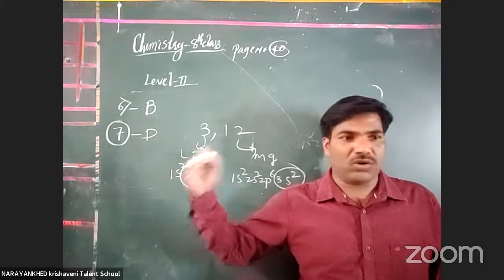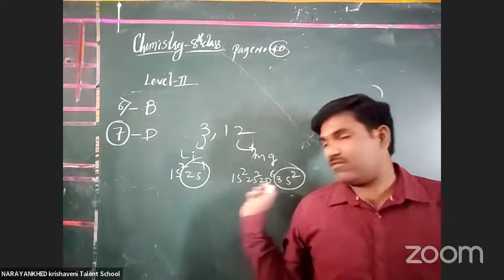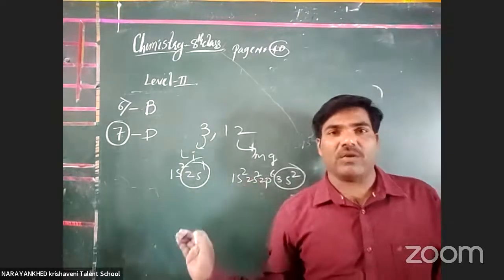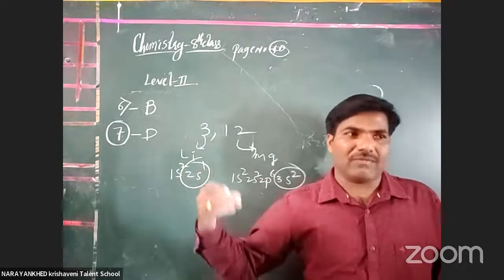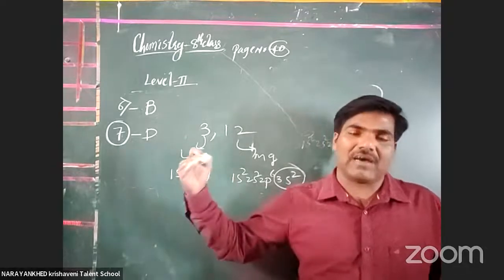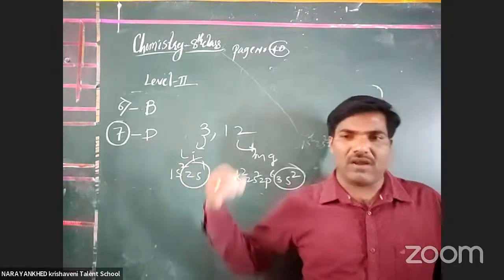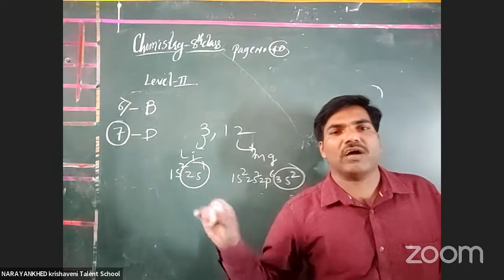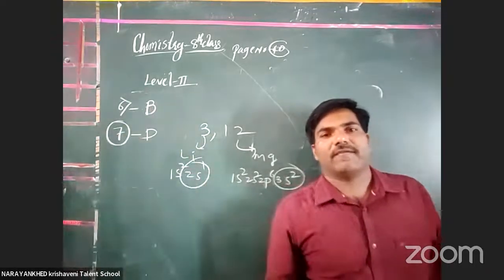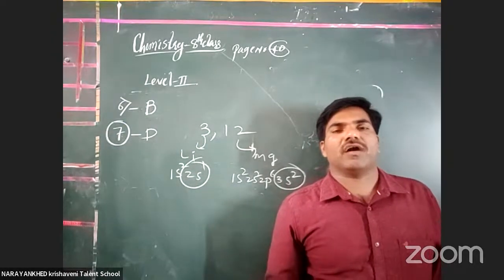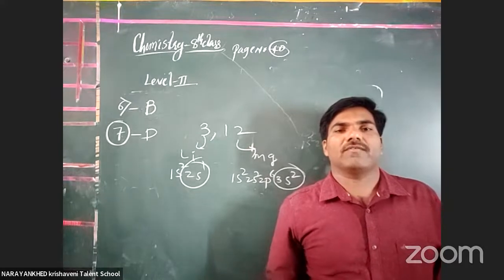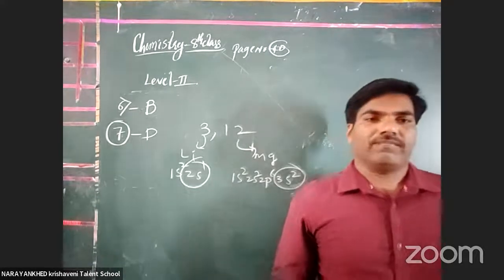Don't think about the first orbit. The valence orbit contains only s orbital electrons, and an atom ending with s orbital electrons belongs to the s block elements. Got it or not? Yeah.